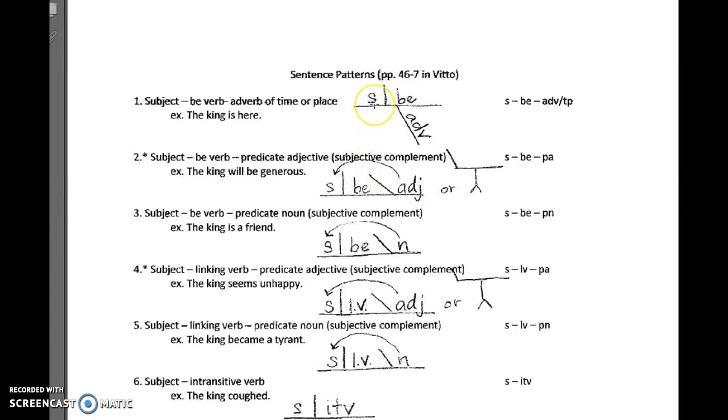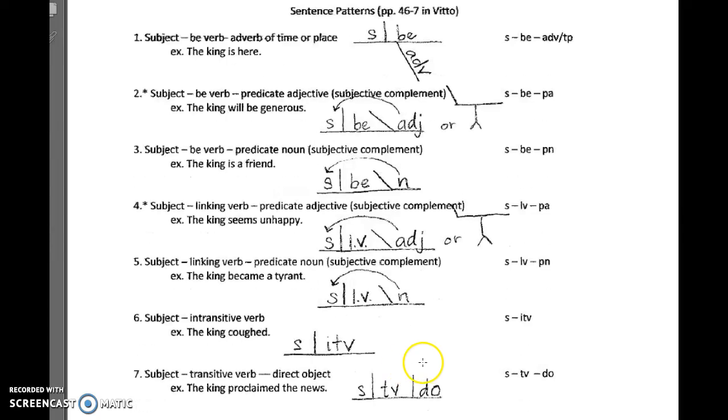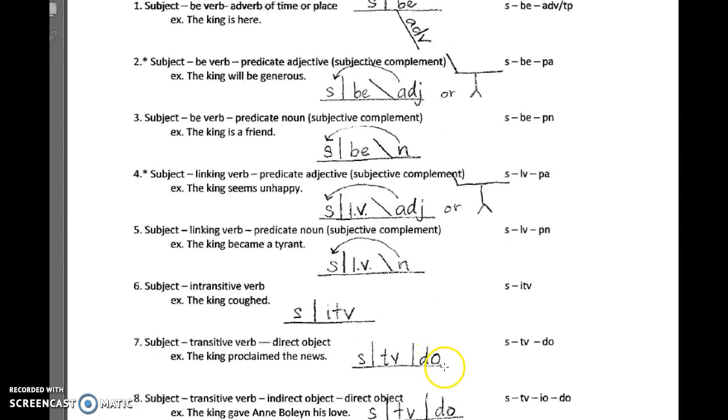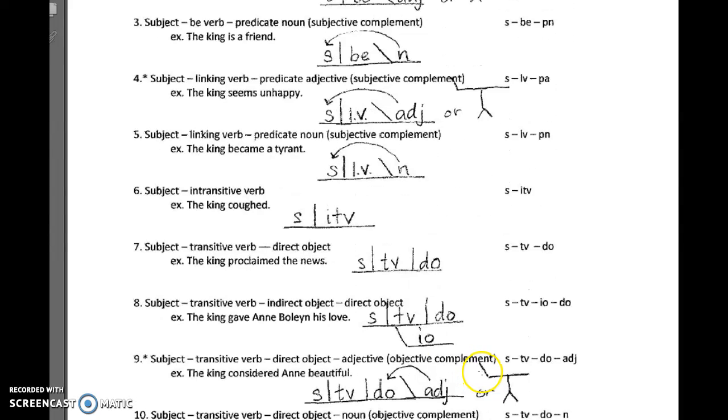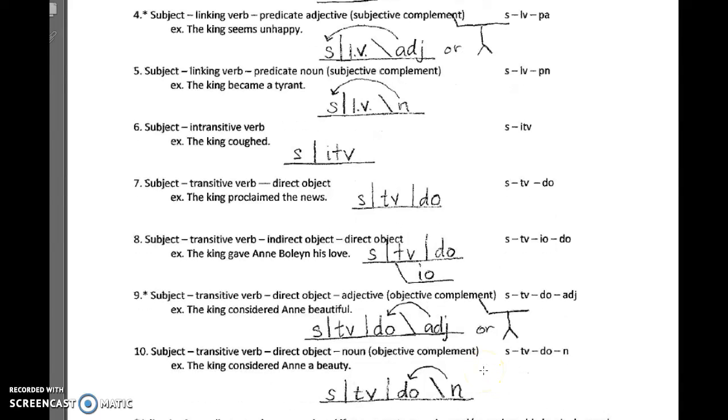So they could be a subject, they could be a subjective complement, which would be patterns 3 and 5, or they could be a direct object that we have in patterns 7 through 10. They could be an indirect object or an object of a preposition, or they could be an objective complement, which is pattern 10.